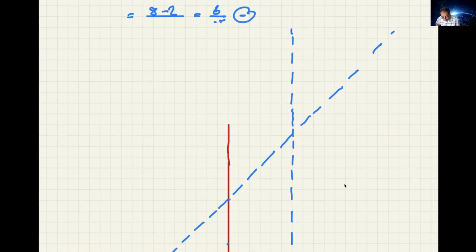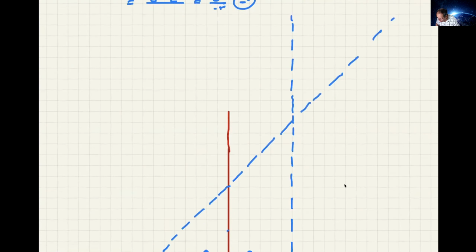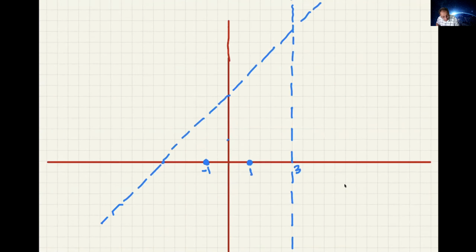Okay, so now one more thing I didn't write is the y-intercept. So what is the y-intercept here? I got y-intercept equal to 2/3. So 2/3, I go with 2/3 here. Excuse me, 2/3, so that would be here.